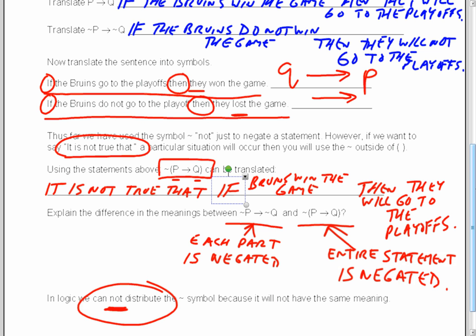Last time, if you look at the side board, we learned that conditional meant if-then. We learned that biconditional meant if and only if. And now, if you see this kind of symbol showing up with a negation symbol in front of parentheses, we use that phrase. It is not true that.